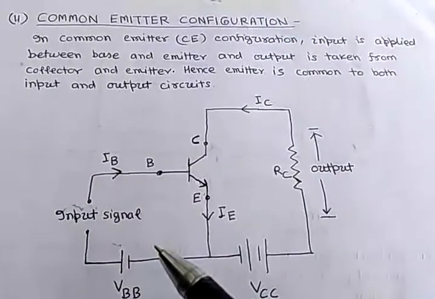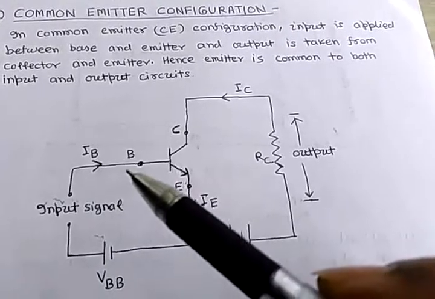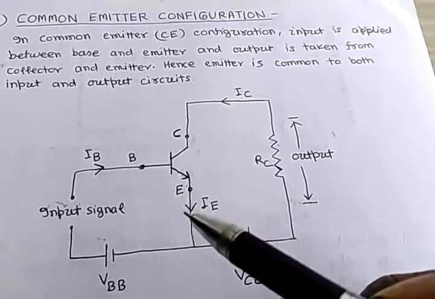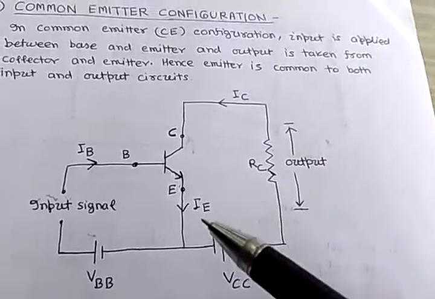In common emitter configuration, input signal is applied between base and emitter, and output is taken between collector and emitter.